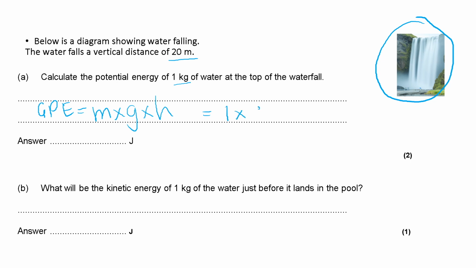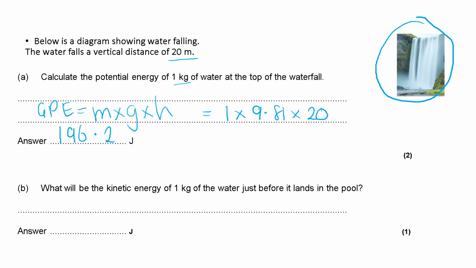The gravitational field strength on Earth is 9.81 and the water is raised 20 meters, so it's going to fall 20 meters. Now if we work that out, we get an answer of 196.2 joules.